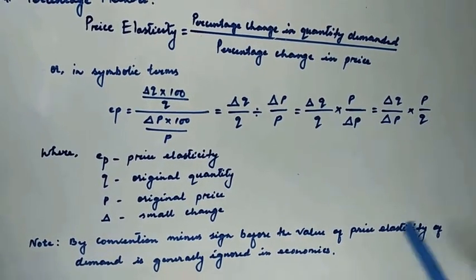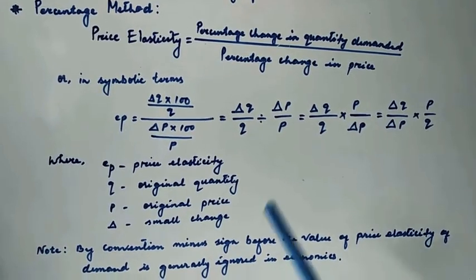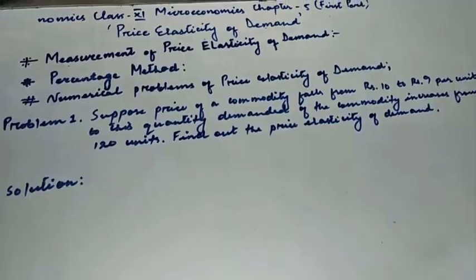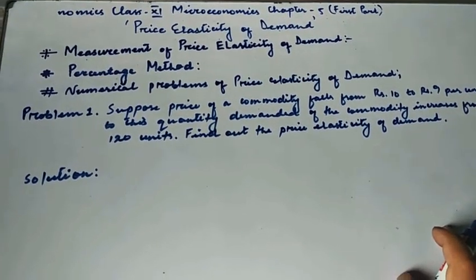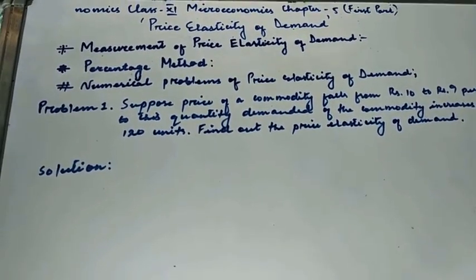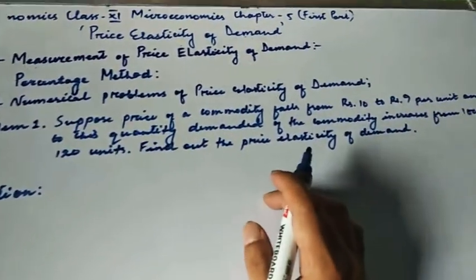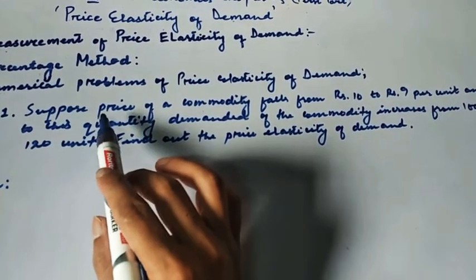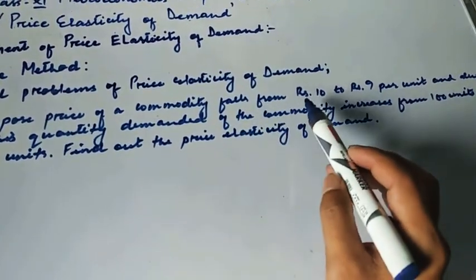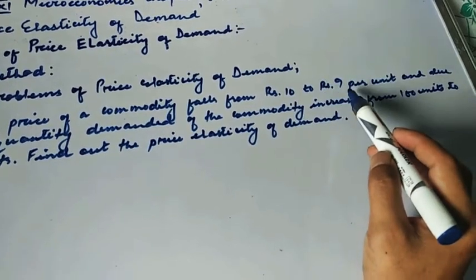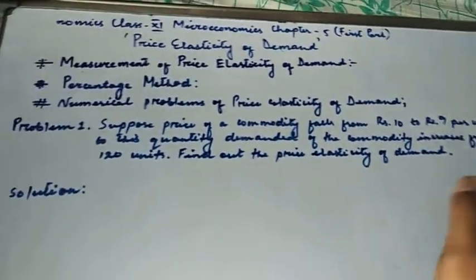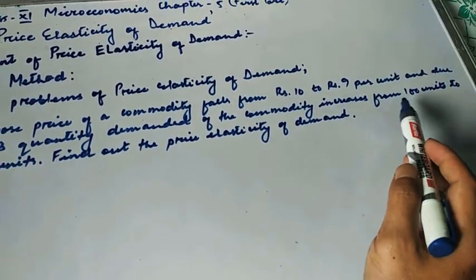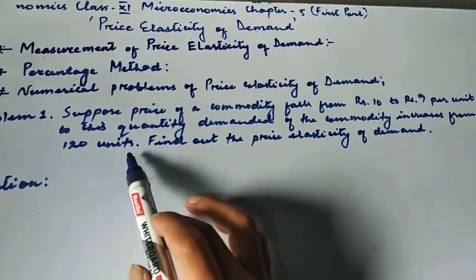So first let us know how to calculate price elasticity in numerical form. The first numerical problem in the percentage method is given here. Let us look at the question. Problem number 1. Suppose the price of a commodity falls from rupees 10 to rupees 9 per unit, and due to this the quantity demanded of the commodity increases from 100 units to 120 units.